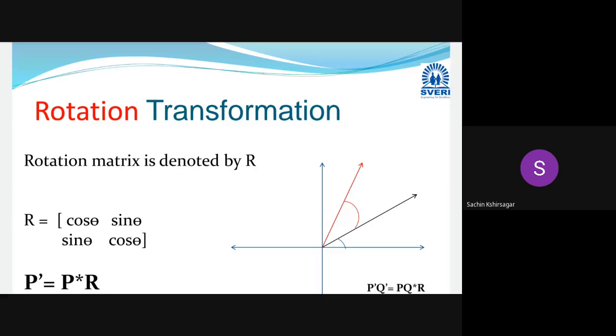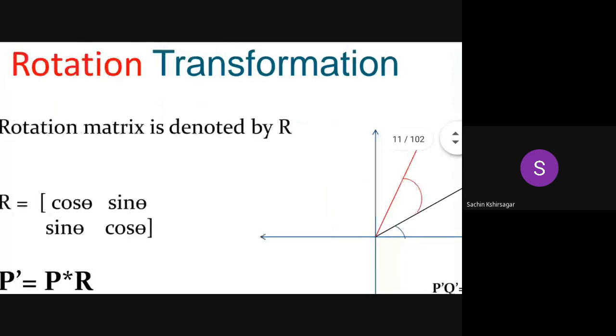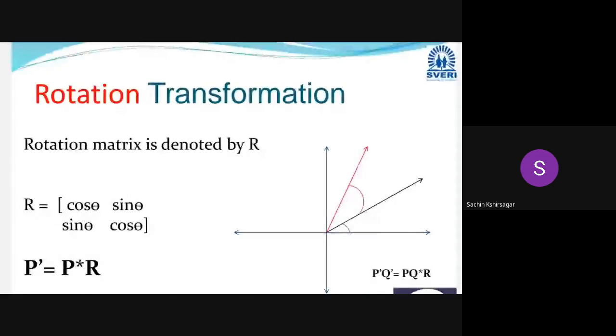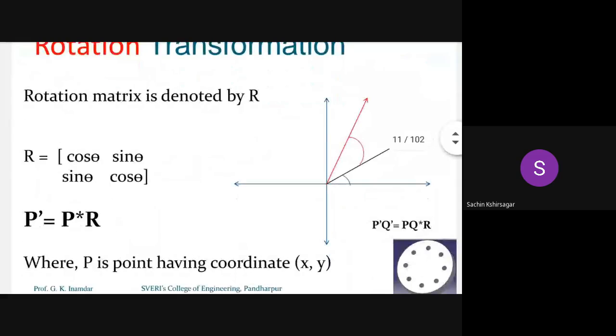Rotation will happen about the origin, so there is no need for the distance. The transformation matrix is cos theta, sin theta, minus sin theta, cos theta for one direction, and cos theta, minus sin theta, sin theta, cos theta for the other direction, clockwise and anti-clockwise. So this is the standard transformation matrix for the rotation command.